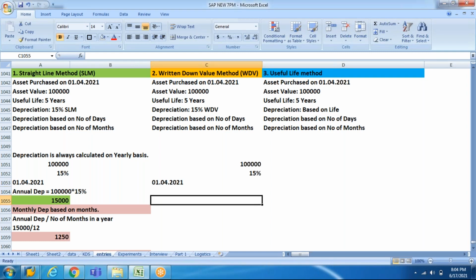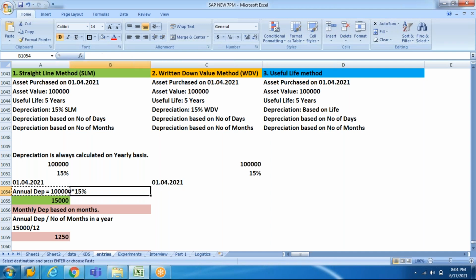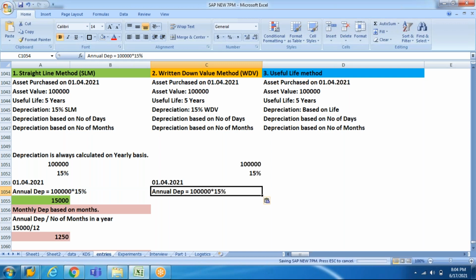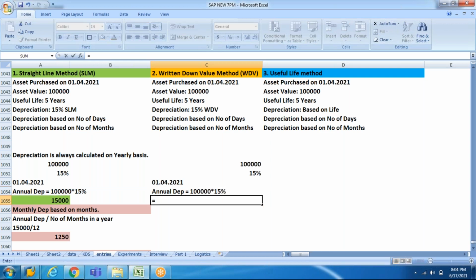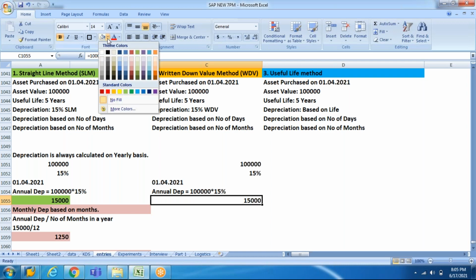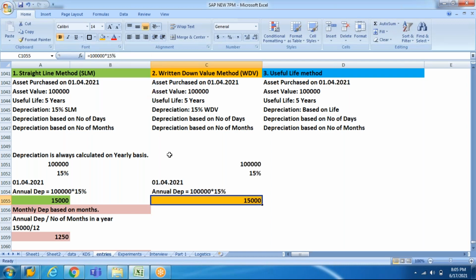And what will be the annual depreciation? Same logic for the annual depreciation; it will be the same formula here also. Then you will get 1 lakh into 15%. So you're getting the same 15,000 even for the WDV method for the first year. Correct? First year WDV is the same.